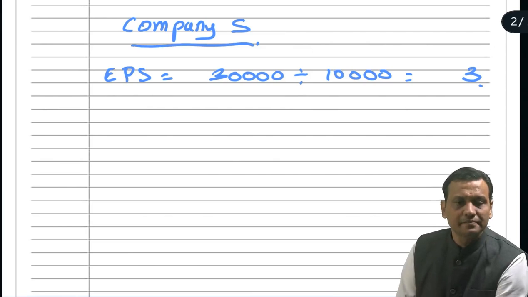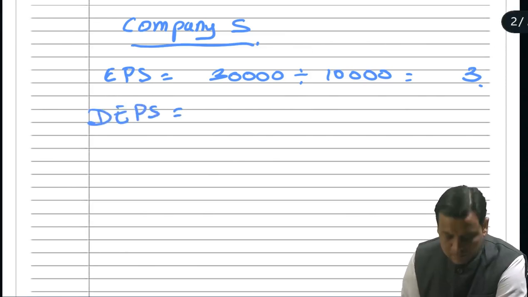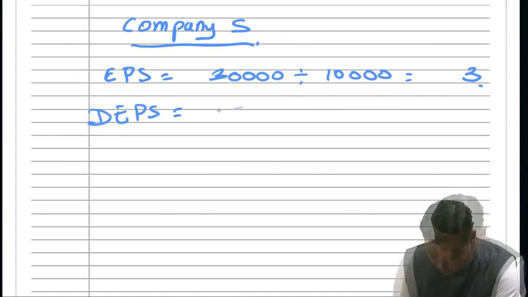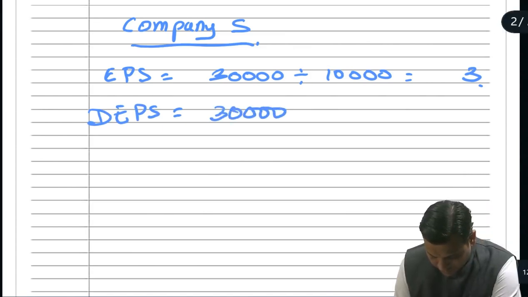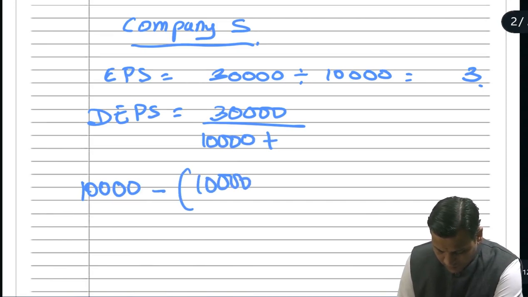That is rupees 3. As far as DEPS is concerned, what would be the DEPS? So we have 30,000 divided by 10,000 plus the number of options that will be issued free of cost, or for which no consideration will be received: 10,000 into 40 divided by 50.